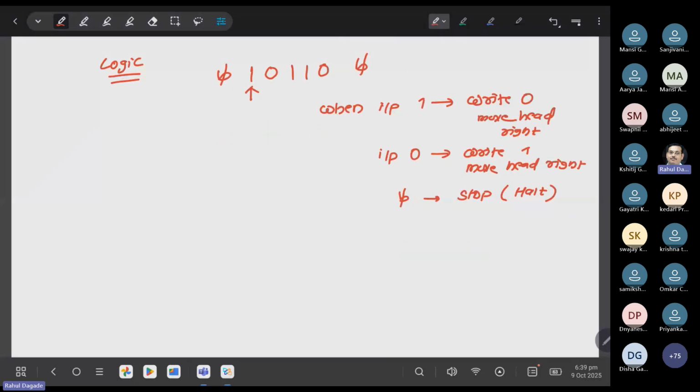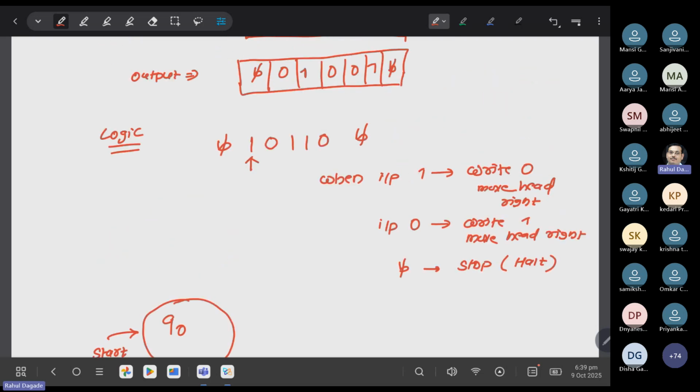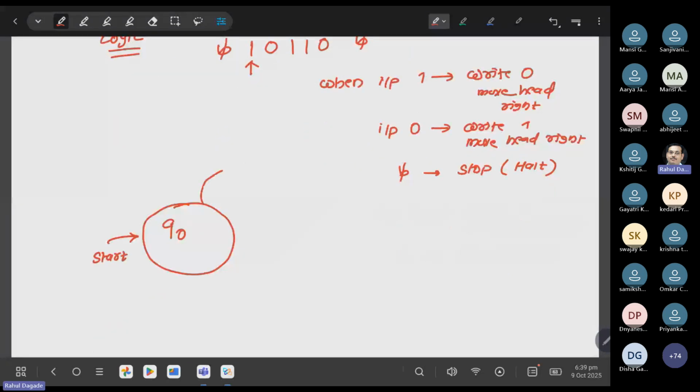Now how do we implement this logic? We have the initial state q0. It's a start state. We can do this task in just one state. When the input is 1, the output, meaning what to write on the tape, is 0, and we move the pointer to the right. When the input is 0, we write 1 on the tape and move the pointer to the right.